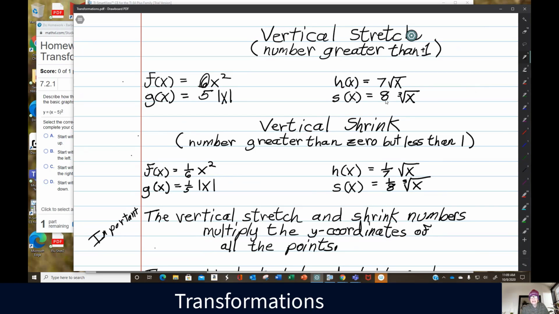A vertical shrink consists of a fraction or a decimal, but it's got to be between 0 and 1. So a positive fraction or a positive decimal that's less than 1. And that shrinks it.